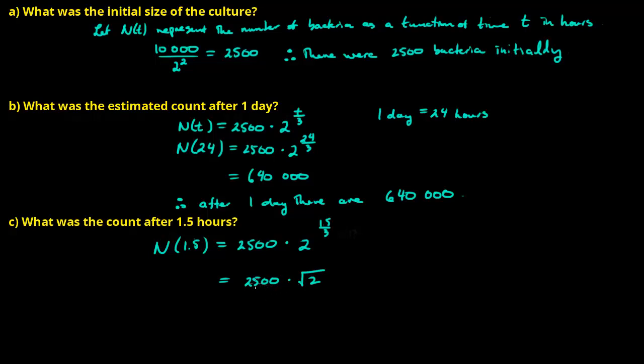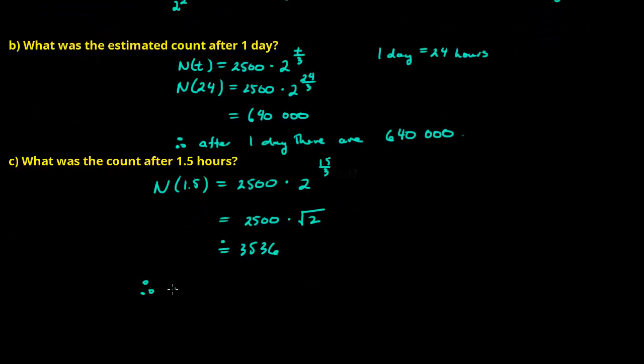This is actually an irrational number, so I can convert it to a decimal, because obviously I won't have an irrational number of bacteria. You get approximately 3,536, which rounds to 3,536. So therefore, after 1.5 hours, there were 3,536 bacteria.